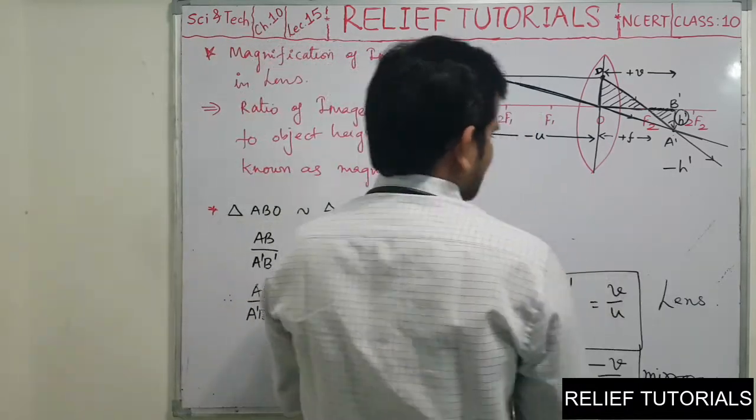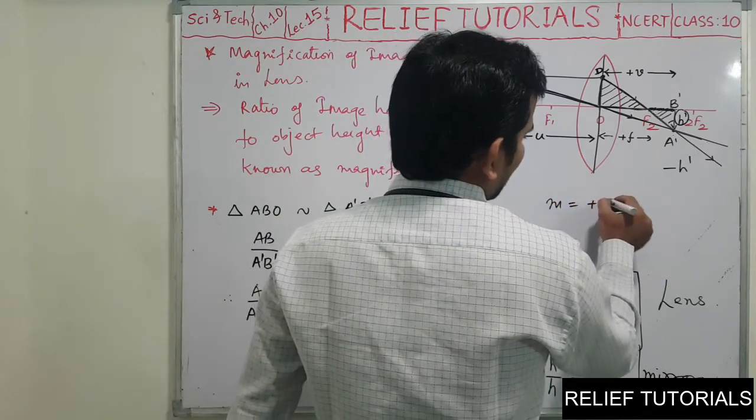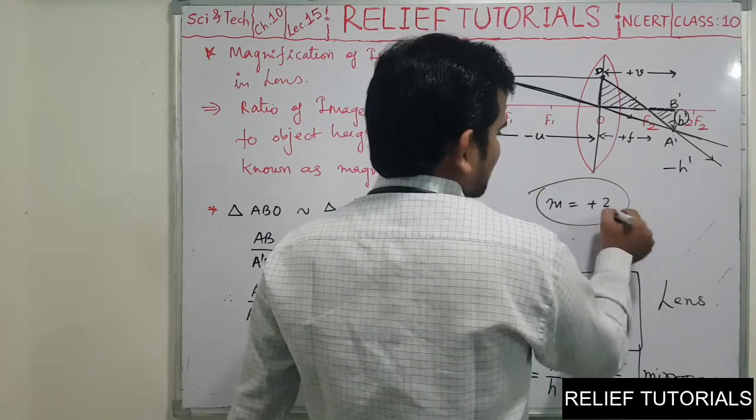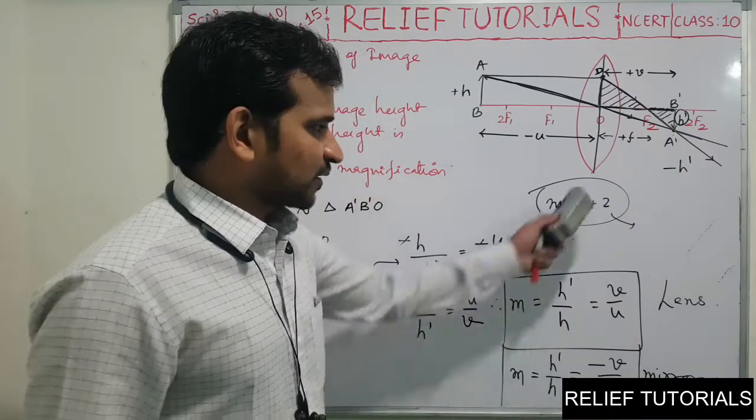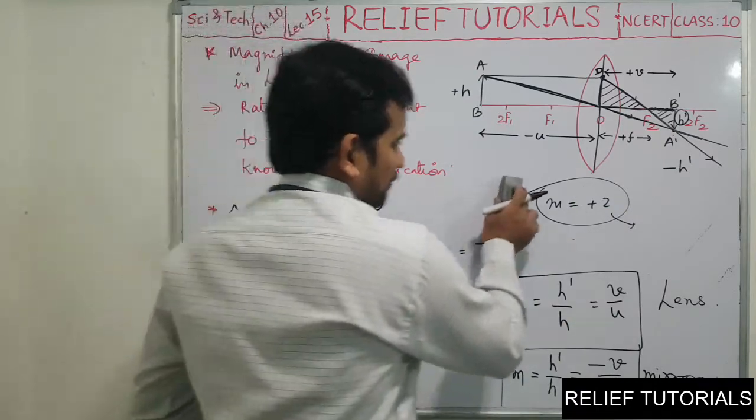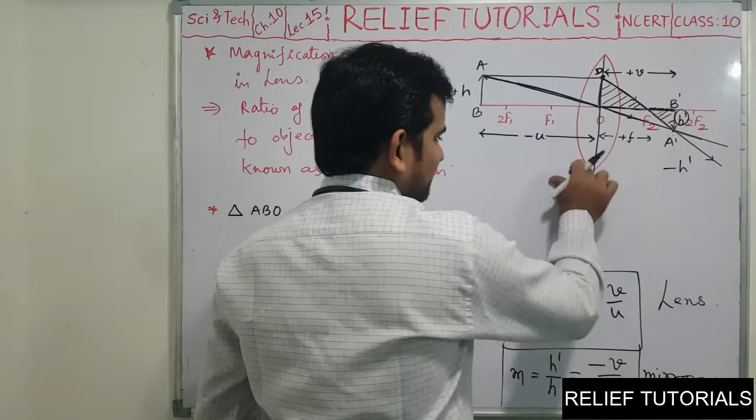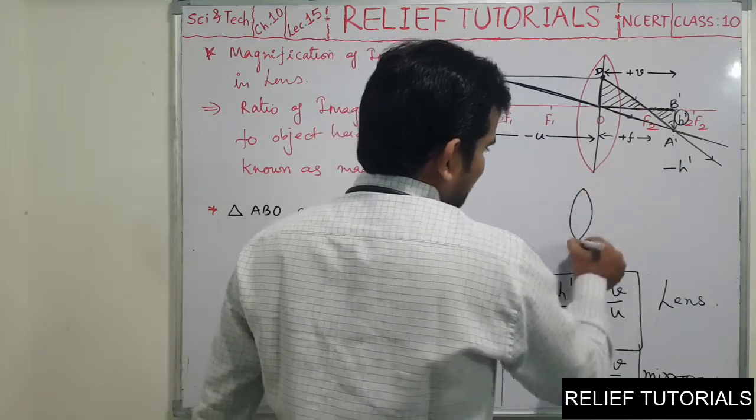If I say magnification is plus 2, then 2 means 2 times larger, and plus means virtual and erect. So a virtual, erect and 2 times larger image is formed in the case of convex lens.